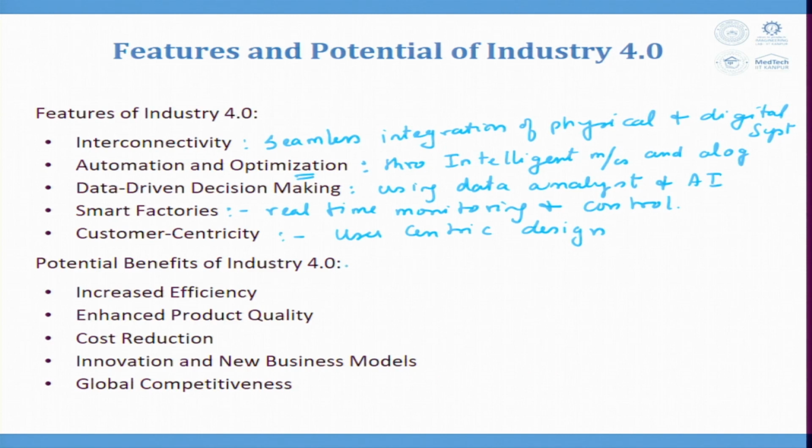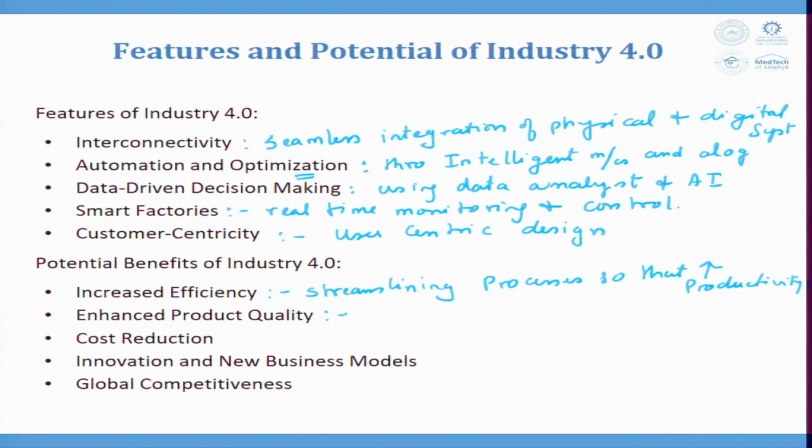The potential benefits, these are all the features. The potential benefits of industry 4.0 are going to be increased efficiency. So, here it is streamlining processes so that productivity improves. Okay.